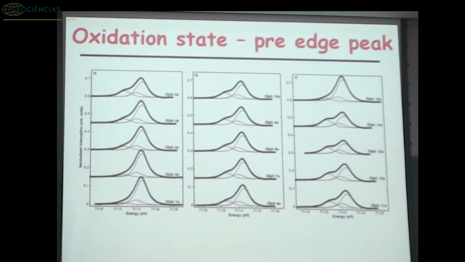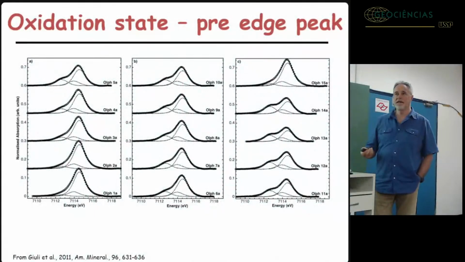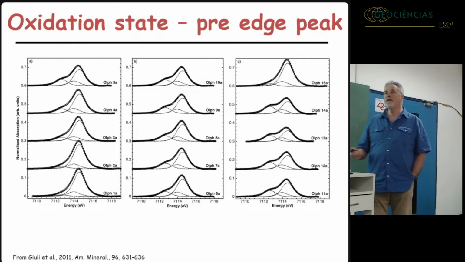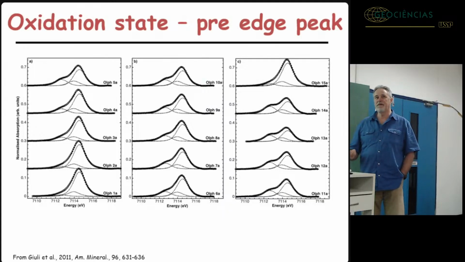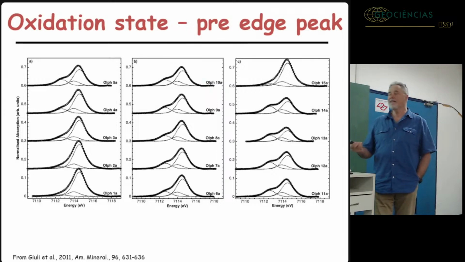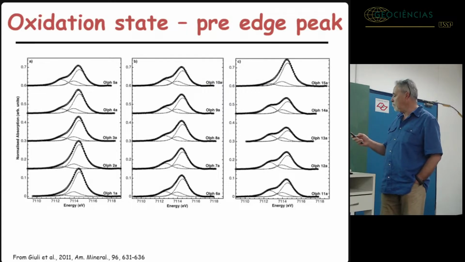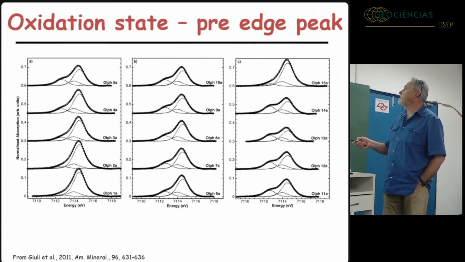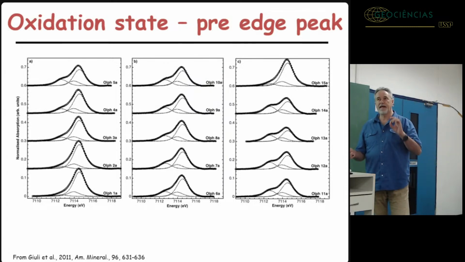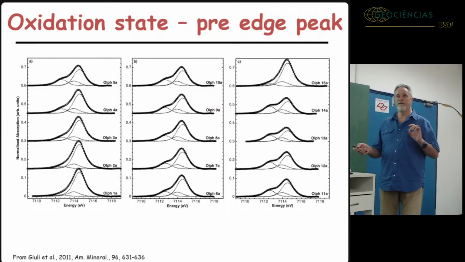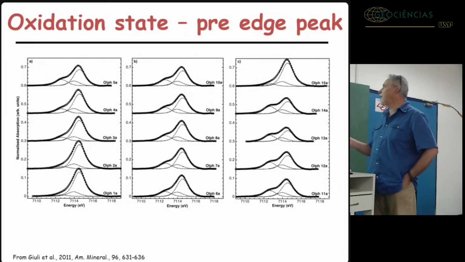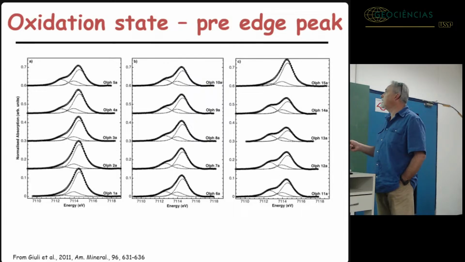And how accurate can it be to determine an oxidation state? Usually in the geologic literature, most people prefer Mossbauer. Let's see if X-ray absorption spectroscopy can also be useful and with a similar precision. This is a set of pre-edge peaks taken for a set of silicate glasses synthesized at controlled oxygen fugacity with a different mixture of carbon monoxide and carbon dioxide.